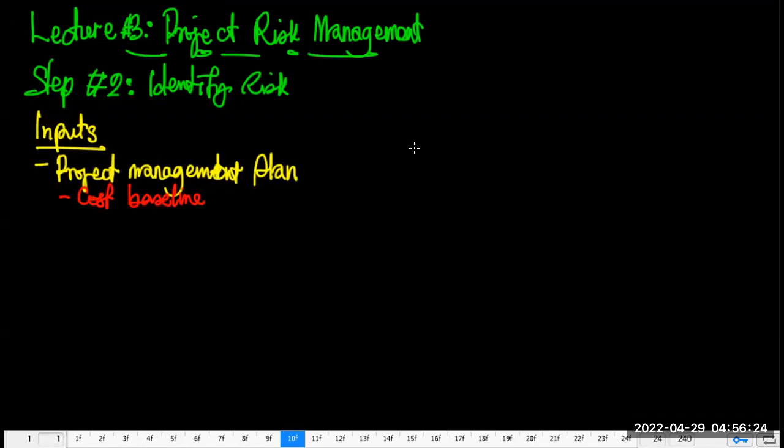Okay, so in the project management plan, we need the cost baseline. Why do we need that? Because we need to review to identify costs or funding requirements that are subject to what? Uncertainty and ambiguity. Sometimes there are certain key assumptions you've made about costs and funding that may give an indication of risk.